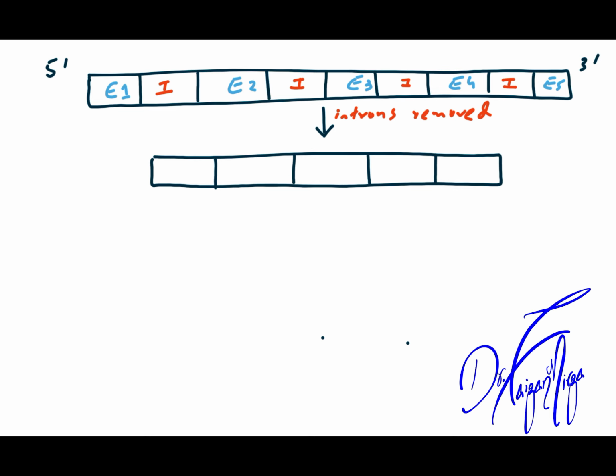When the introns have been removed, how will this follow? The introns are cut and the exons are joined together. When the exons are joined together, this will lead to the formation of a sequence in which the first, second, third, fourth, and fifth exons are lined up in sequence.